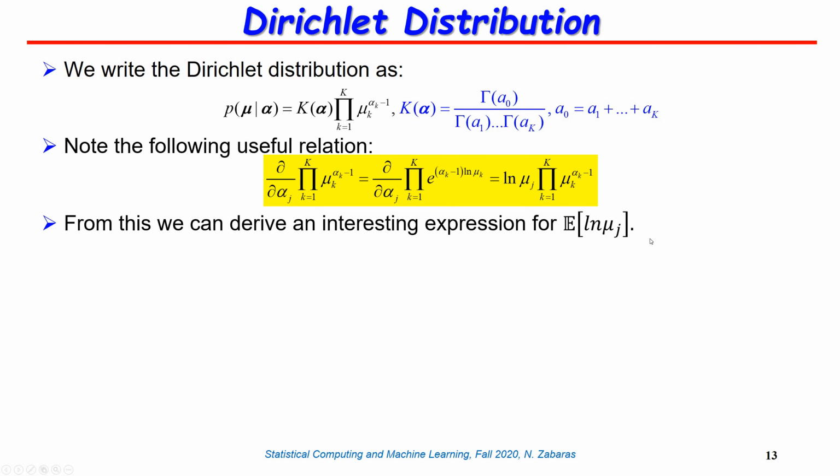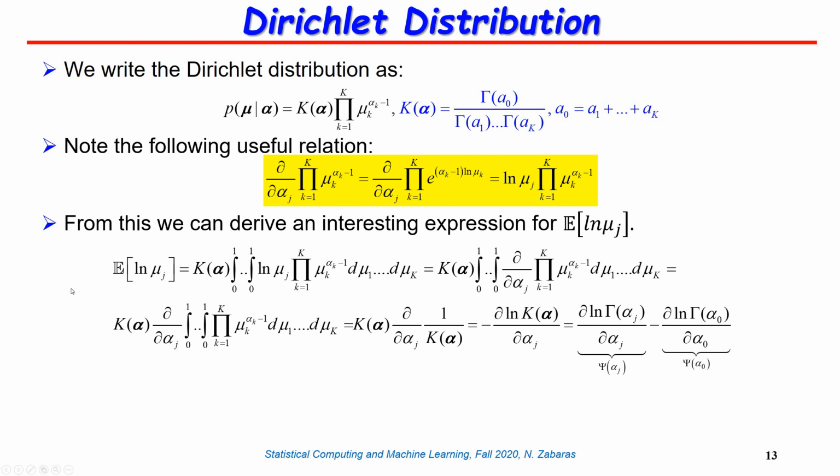So let's do the derivation that I mentioned before, which is the expectation of log of mu j. To compute the expectation, I'm going to have log of mu j times my Dirichlet PDF, integrated over mu1, mu2, up to mu subscript capital K. You notice I split the integrals, because obviously I'm going to do something special.